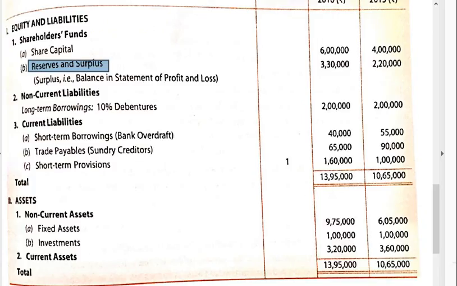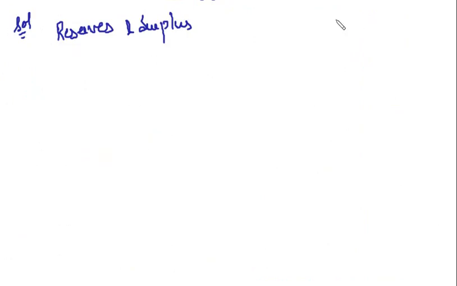So what is the current year amount of reserves and surplus? In the current year, we have a surplus of 3,30,000. Then what we add back is any transfer to reserves.